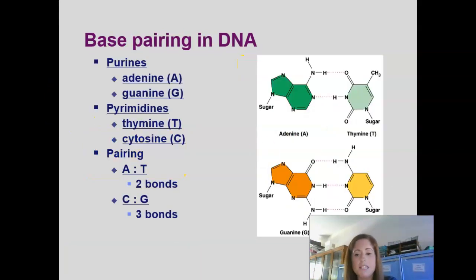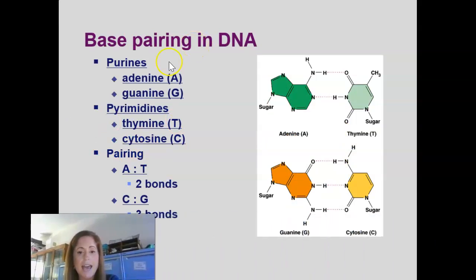The base pairing in DNA, you've probably known for a while because you learned this probably in a younger grade, but adenine is always going to pair with thymine and cytosine is always going to pair with guanine. A few things to notice is that the reason that this is true is that adenine is a 2-ring structure, meaning it's a bit bigger of a molecule, but it's called a purine.